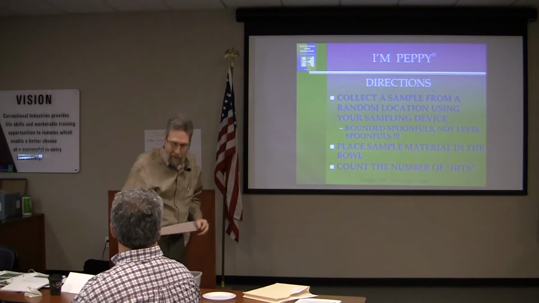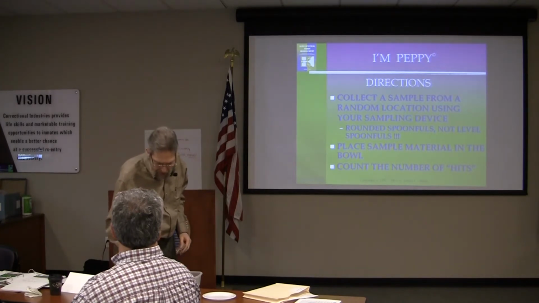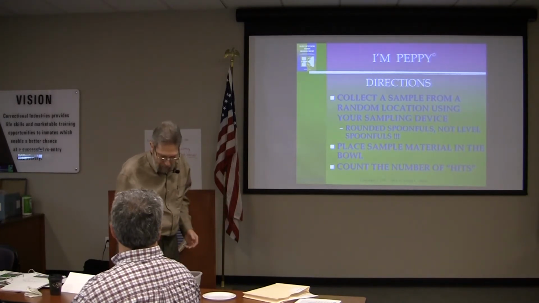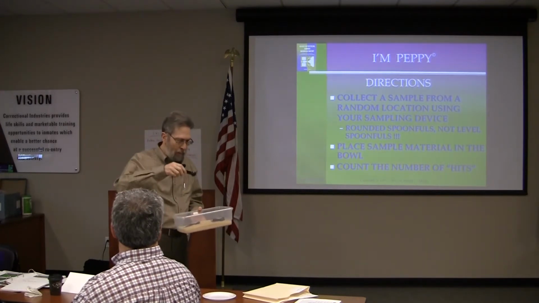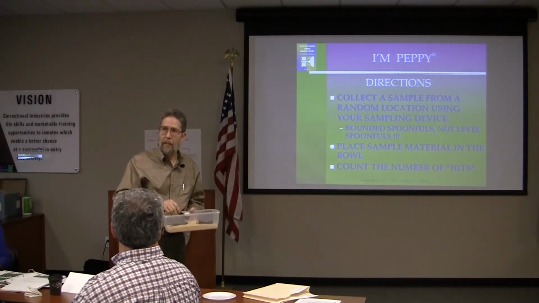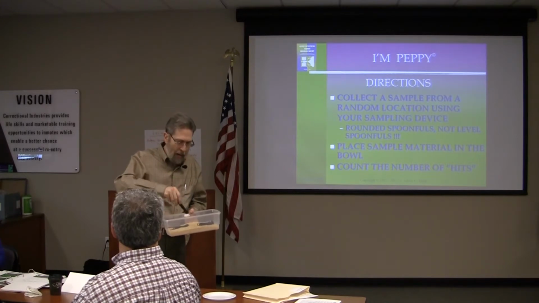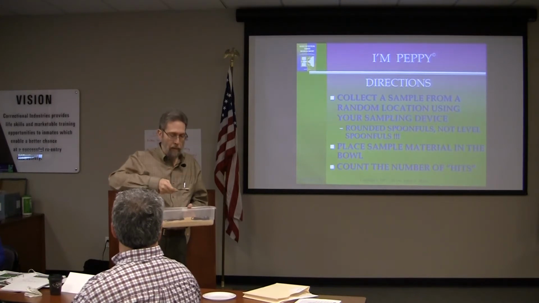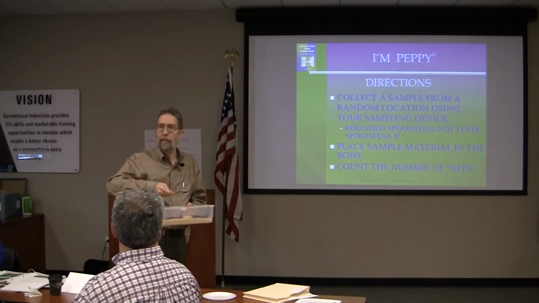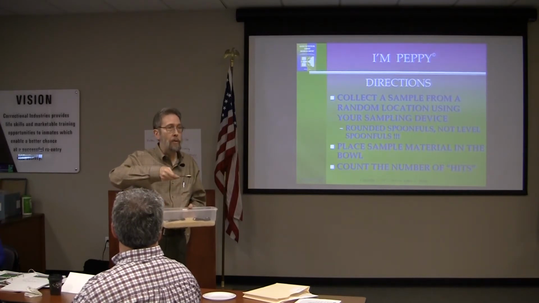Now the idea is this is a pile of some sort, and we take our sampling spoon, and if you want you can randomize it, but it really doesn't matter too much, and you dip it into the pasta and you pick up a spoon. Now I don't do this: I dip it in, I take the whole thing, I make sure it's full.